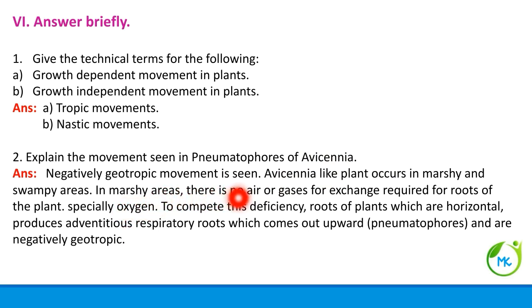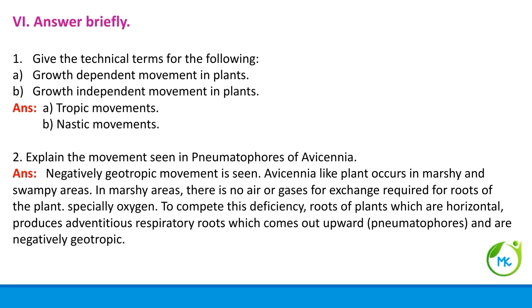Coming to the Avicennia plant, it grows in marshy and swampy areas. In marshy areas there is no air or gases for exchange required for roots, especially oxygen. To overcome this deficiency, that is to get oxygen, the horizontal roots of the plant produce adventitious respiratory roots, because these roots are produced only for the process of respiration. They are called respiratory roots, which come out upward.